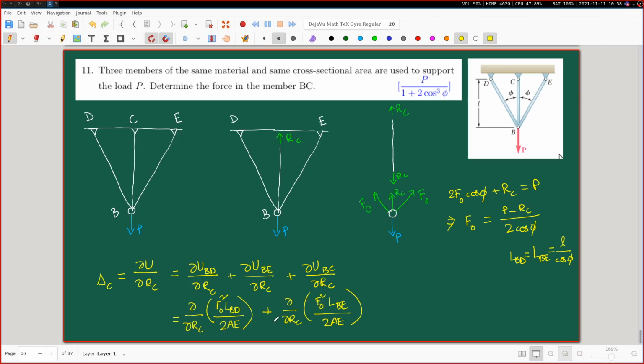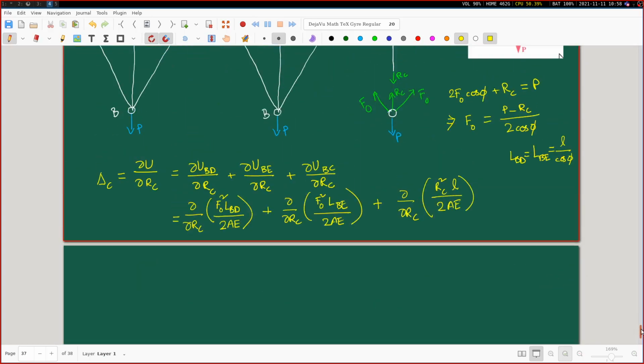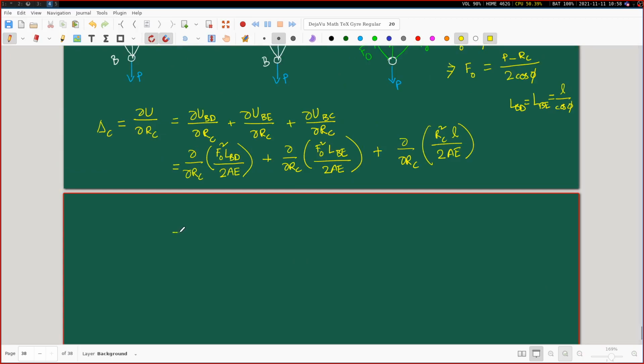So in the next step, I'm going to write this as just twice one of them. And tell me, what is the expression of UBC? RC square, small l by 2. RC squared L by twice AE. Okay, so the job is basically done. You just have to complete the algebra. So this and this are the same.